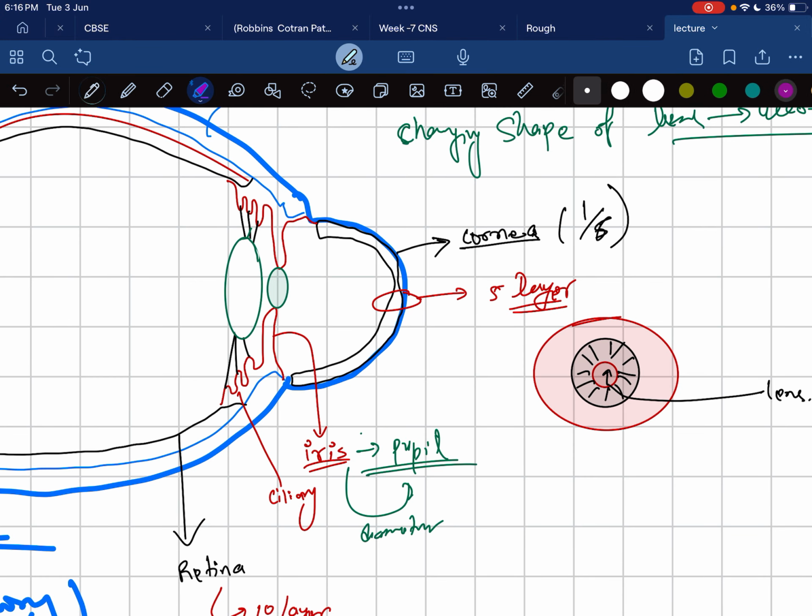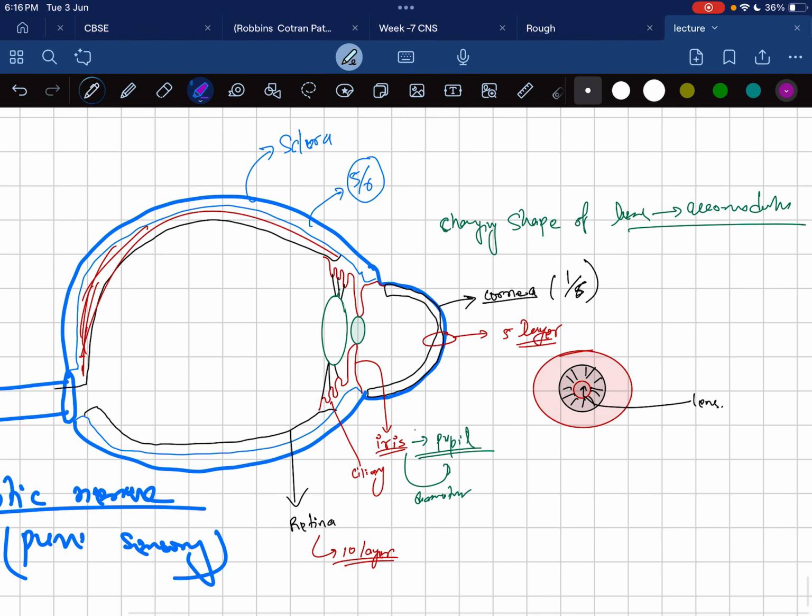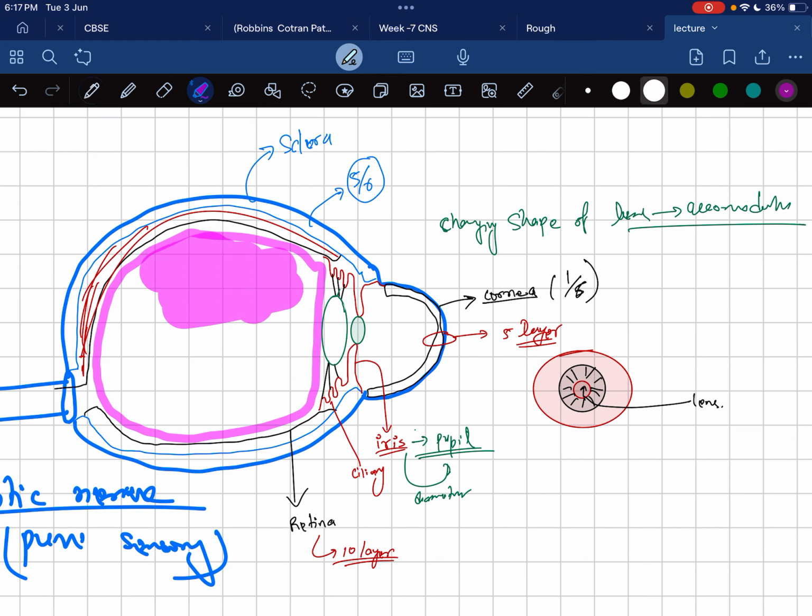In the eye, between the lens and the retina, it is filled with a fluid. This fluid is a gel-like substance known as vitreous humor.